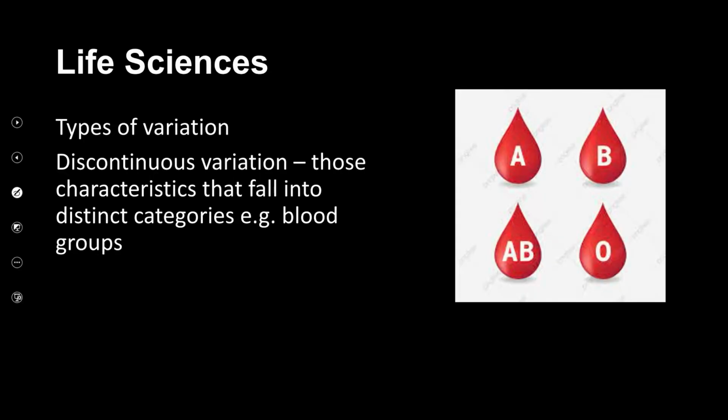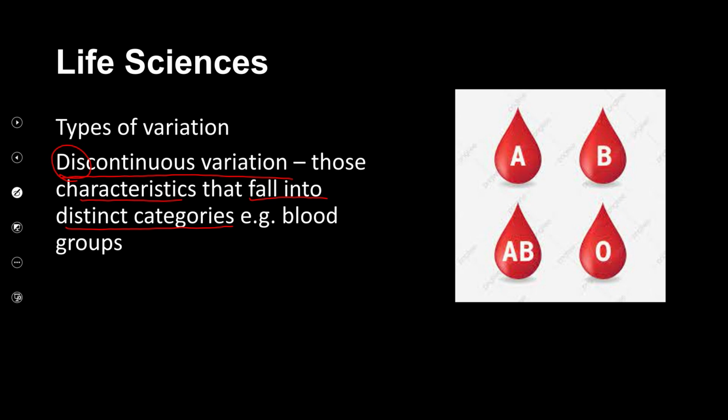Okay, another type of variation is called discontinuous variation. As soon as we see the first part, discontinuous, that means it doesn't flow. There is no continuation. That gives us a hint as to what this type of variation is. The definition is those characteristics that fall into distinct categories. So discontinuous variation is all those characteristics that place us specifically into different categories.